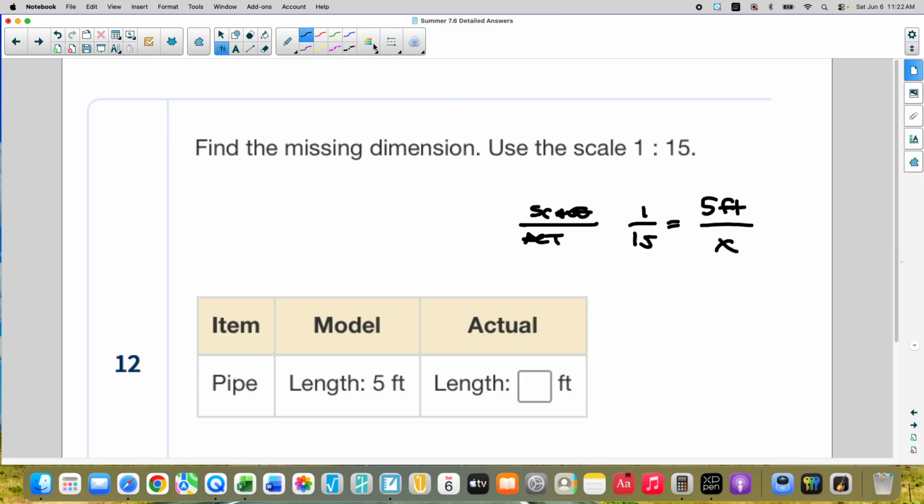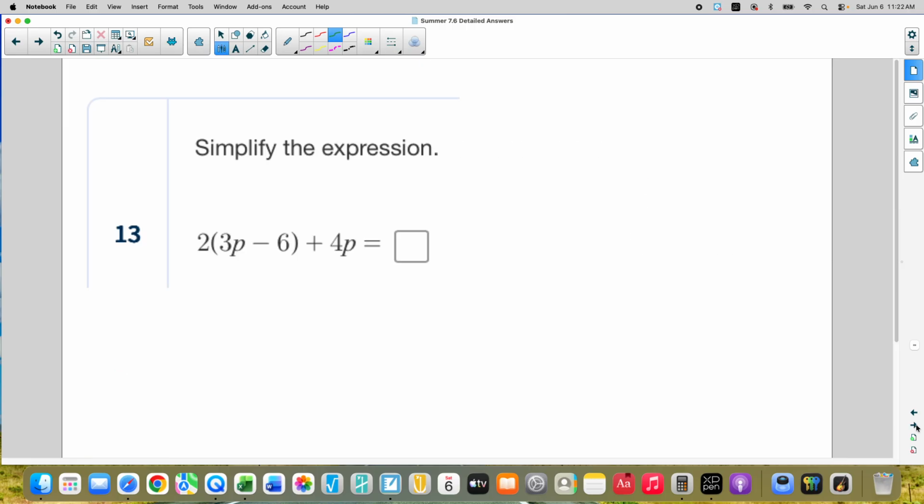We don't have to do cross product because we can go from the known to the unknown. I see that I'm multiplying by 5. 1 times 5 gives me 5 feet. 15 times 5 gives me 75 feet. So the actual pipe would be 75 feet.